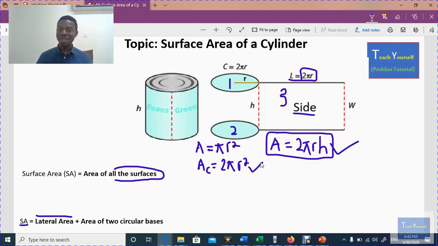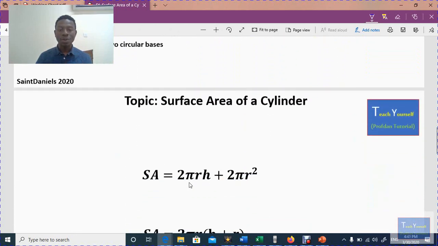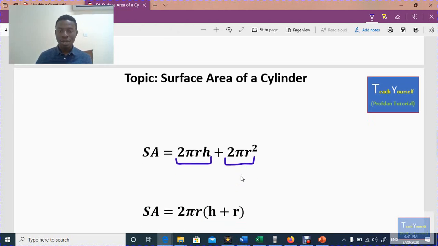I hope you understand. It's as simple as that. So we come up with this: the lateral area or the curved surface area of the cylinder plus the area of the two circular bases.